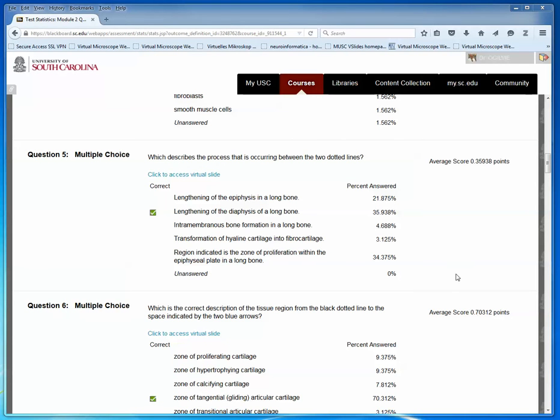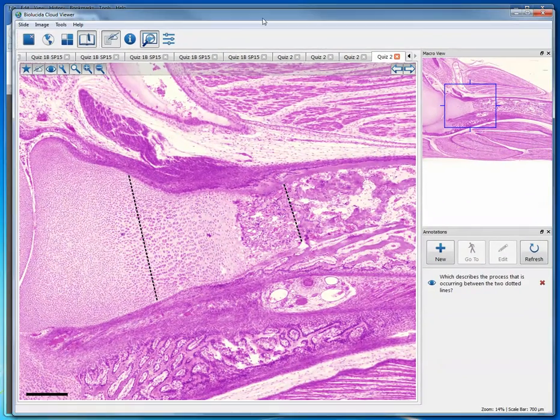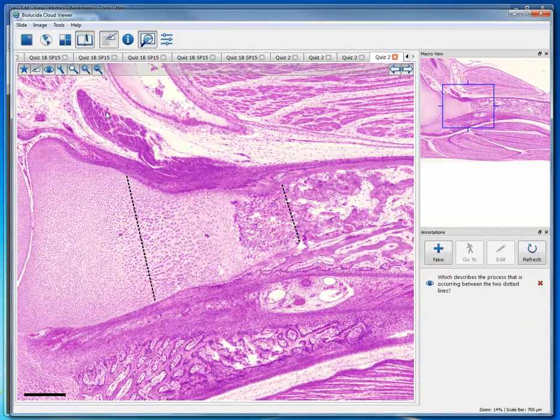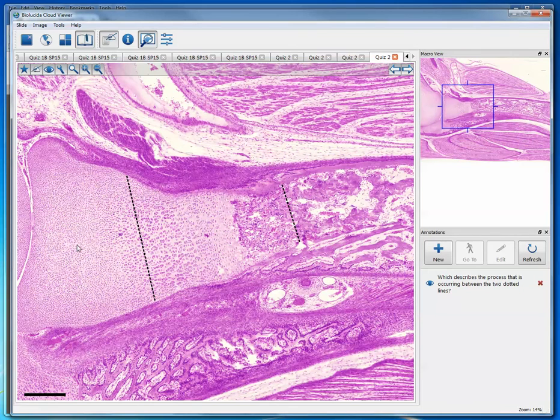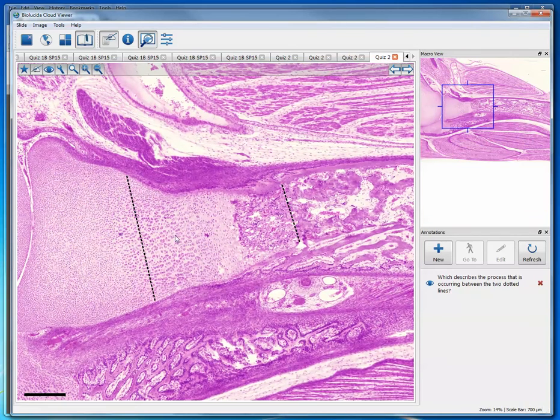So this question asks, what describes the processes occurring between the two dotted lines? And the correct answer was lengthening of the diaphysis of a long bone. Well, not very many of the class got it correct, but it's pretty clear. This is the epiphysis, where you have hyaline cartilage, and then you've got the cartilage dividing in this area and then enlarging.